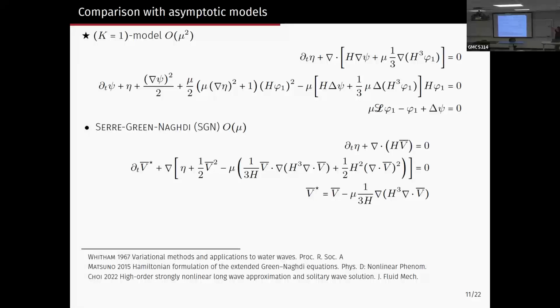To evolve in time, you have to solve an elliptic PDE. In this case, because you work with a velocity variable, this is a system, right? Whereas this is one PDE. So actually, in 2D, if you want, this may be slightly faster and more accurate.